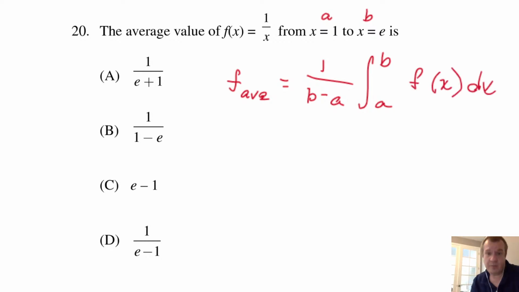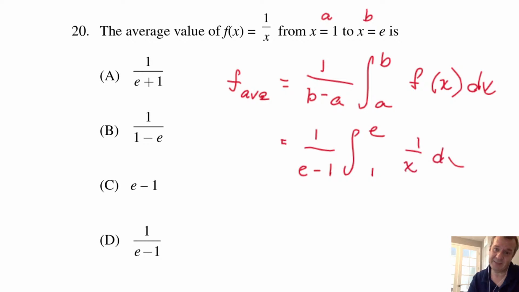And so here I'll have the 1 over e minus 1, integral from A to B of 1 over x dx. Best antiderivative ever. We've got the derivative up top over the original function. So we're going to have, is it going to be a power rule or is it going to be that natural log rule?